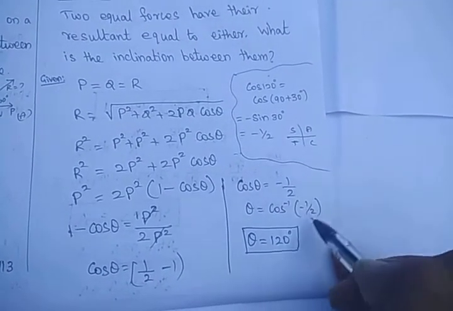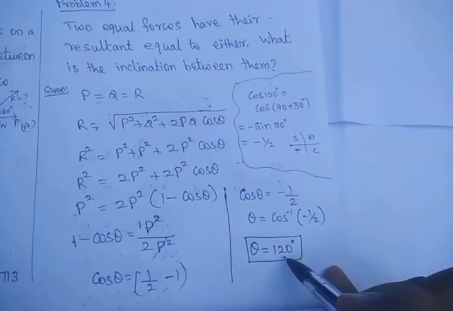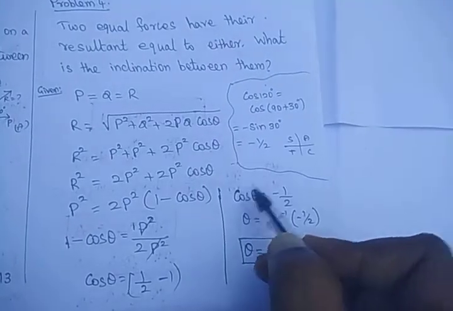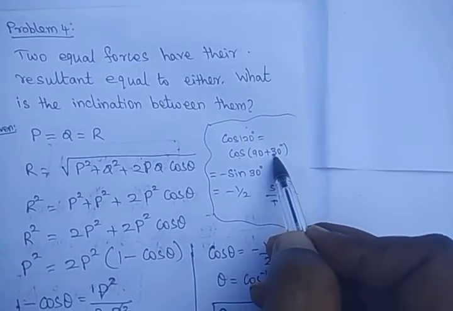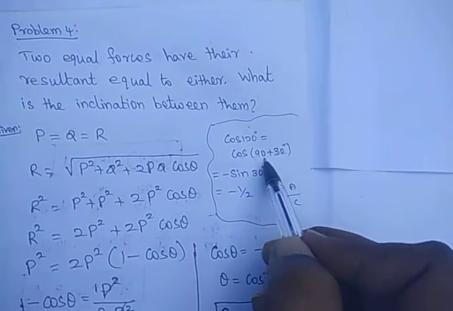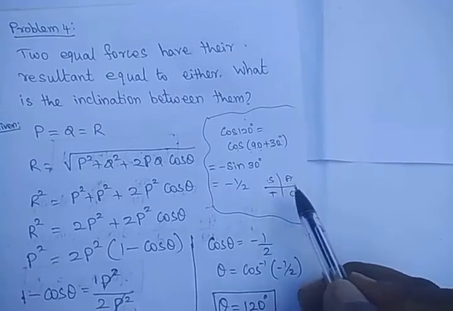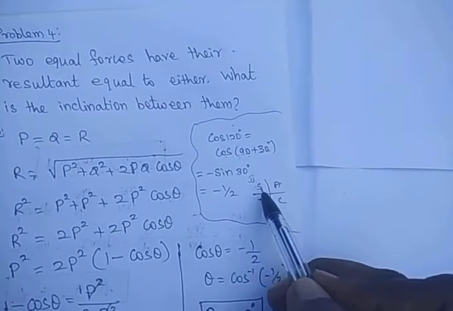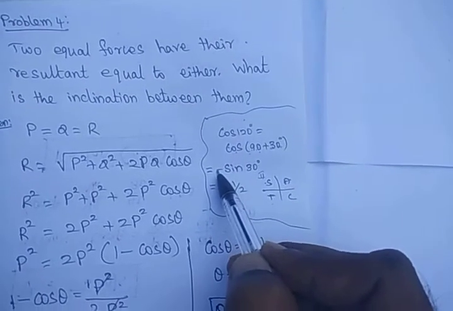So what is minus 1 by 2? Theta is 120 degree. So how we can calculate cos 120 degree? If you substitute cos 120 degree, cos 90 plus theta 30 degree. So 90 plus 30 is 120 degree. So 90 plus means the second quadrant, all silver teacup. It is in the second quadrant. Only sin we will get plus. So here it is cos, so we have to put minus.